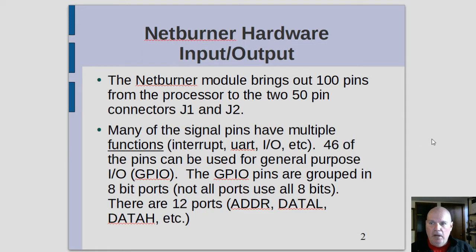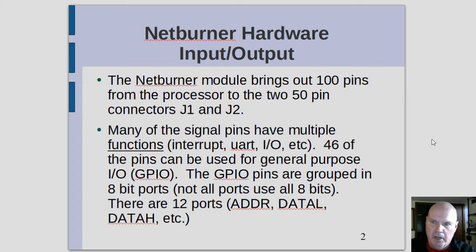The NetBurner module actually brings out 100 pins from the processor. Okay, let's see if I can hold up the NetBurner board, the development kit here. The processor board actually has 100 pins on it and 250 pin connectors. And then we have access to all of those available pins on adjacent connectors that are just connected straight across.